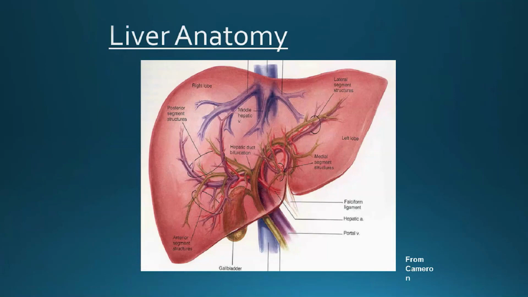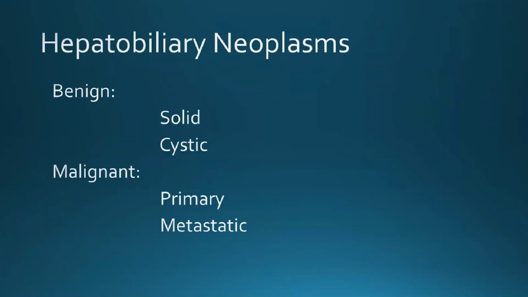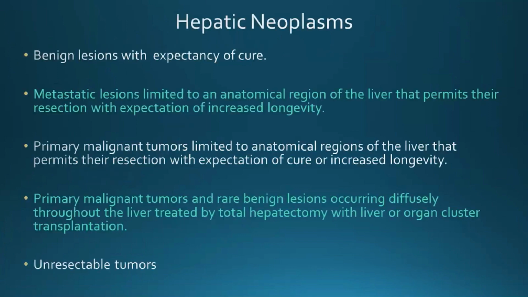Now going to our main topic, liver hepatobiliary neoplasms. These are benign and malignant lesions. Benign lesions are solid and cystic, and malignant lesions are either primary or metastatic.